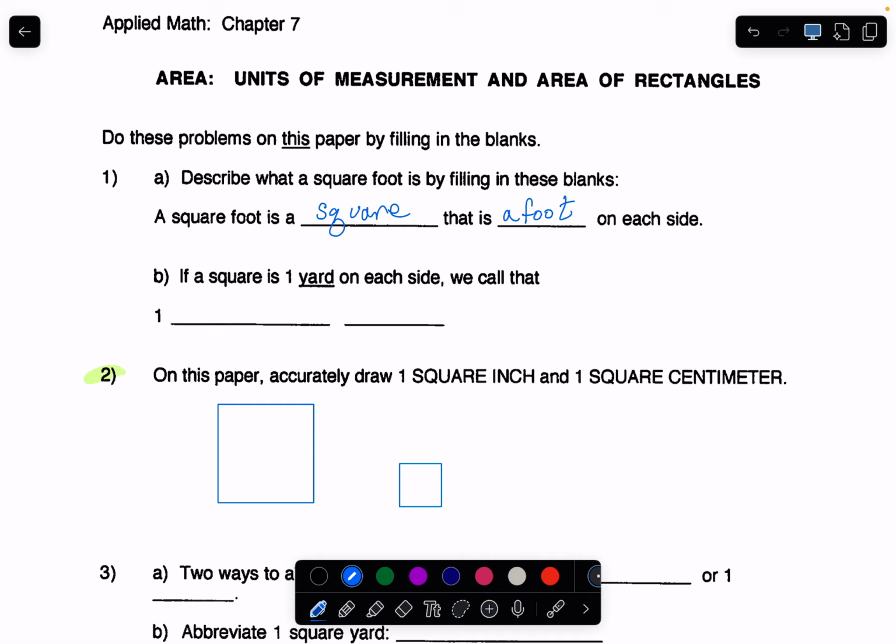Now, you don't really have enough room to draw that on your paper. I'm trying to see where I put my ruler. There it is. But if you were to draw a square foot, again, don't expect this to be beautiful, but it'll be as good as it's going to get.